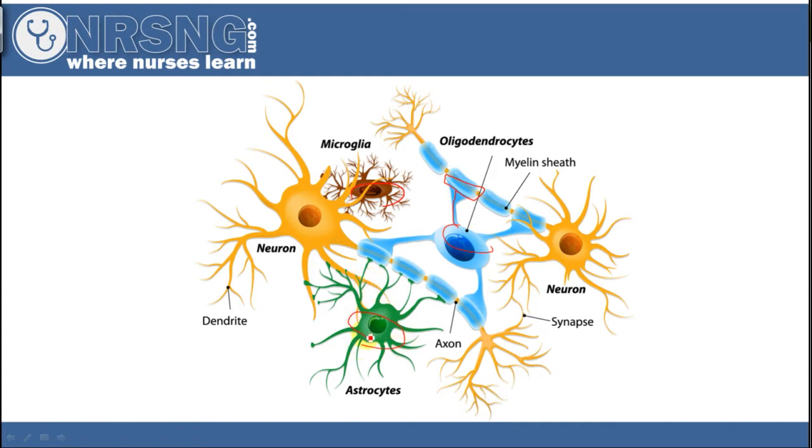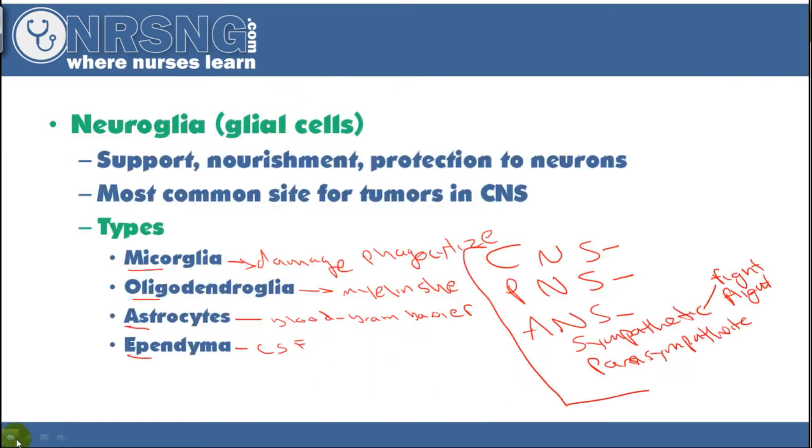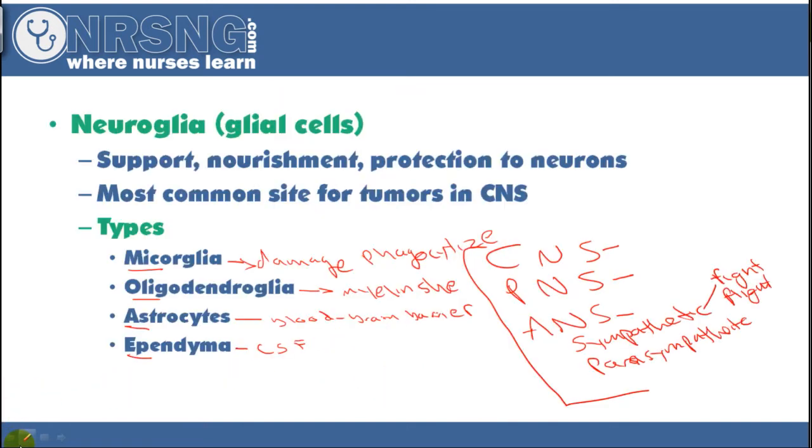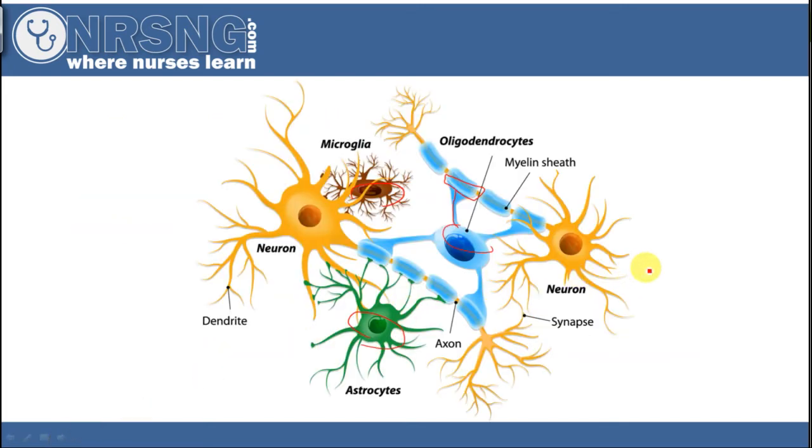Then the astrocytes, with the blood-brain barrier, and we of course have the ependyma as well, which isn't shown in this picture specifically, but this is basically a picture of these different cells and what they do. So we have our neuron, which we'll talk about in just a second, surrounded by these oligodendrocytes, which create the myelin sheath, and then the astrocytes, which play a role in the formation of the blood-brain barrier, and then we have our microglia. Okay.